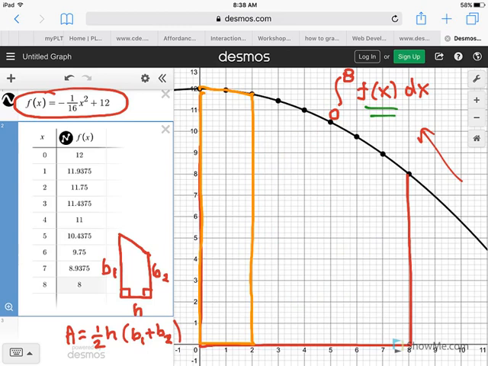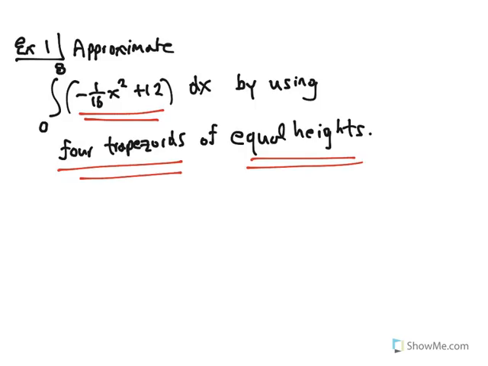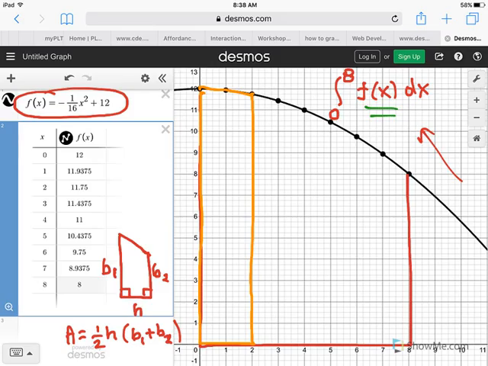So here we begin with our first trapezoid, which has a height of 2 units. Again, if we go back to the instructions for the problem, the instructions state approximate the value of this definite integral by using 4 trapezoids of equal heights. So we'd like for the heights of our 4 trapezoids to be equal, and since our definite integral is going from x is equal to 0 to x is equal to 8, the length of that interval would be 8 minus 0, which would be 8.